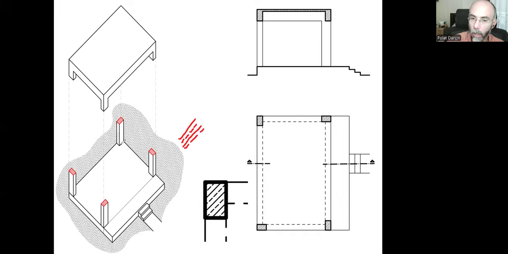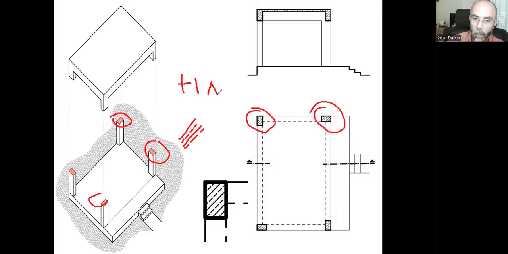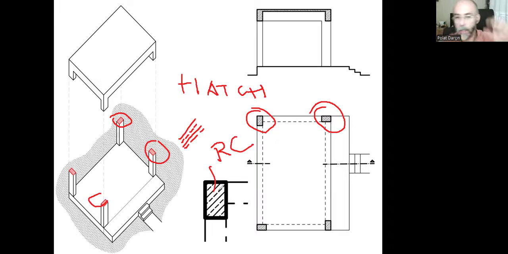I'm filling all these cut surfaces of the columns here with these lines. This is what we call a hatch. And this hatch indicates that these columns will be made of reinforced concrete. This hatch specifically indicates the reinforced concrete material.